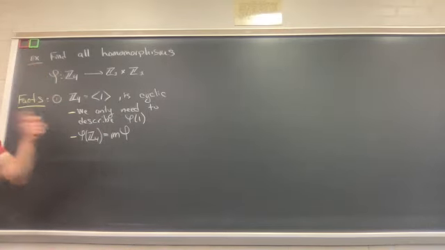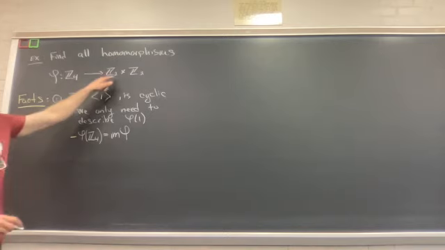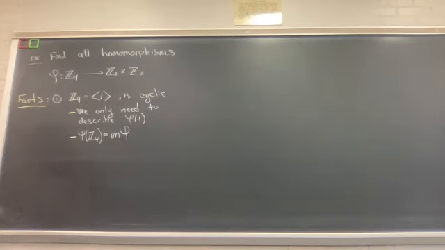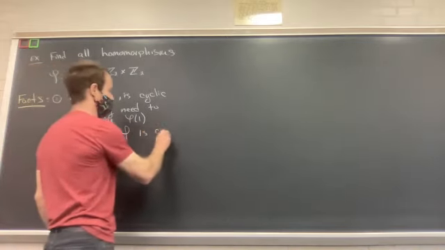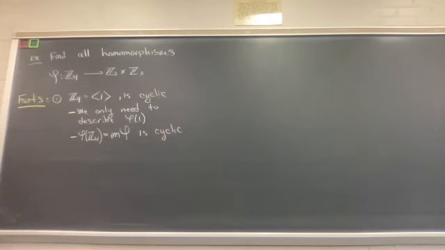That's the range of the function, so not the codomain, not Z2 cross Z2, but whatever is landed on is cyclic. That's because Z4 is cyclic. The image of a cyclic group is cyclic.